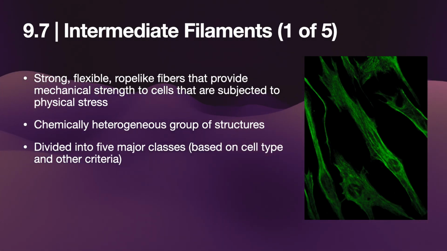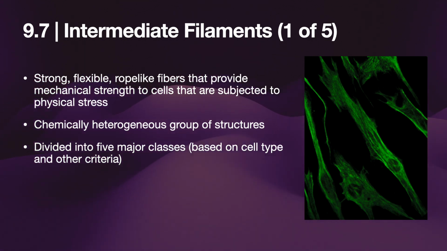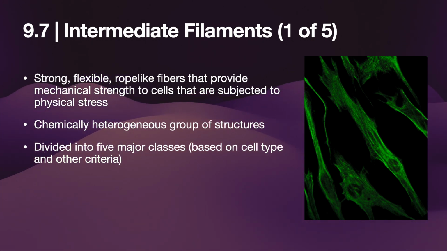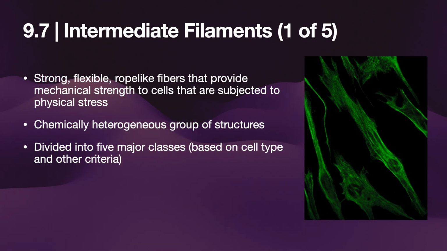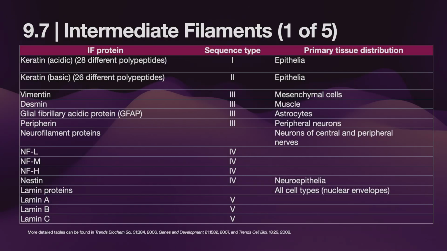Let's move forward with the intermediate filaments. These are strong, flexible, rope-like fibers that provide mechanical strength to cells that are subjected to physical stress. They're a chemically heterogeneous group of structures, divided into 5 major classes based on cell type and other criteria.